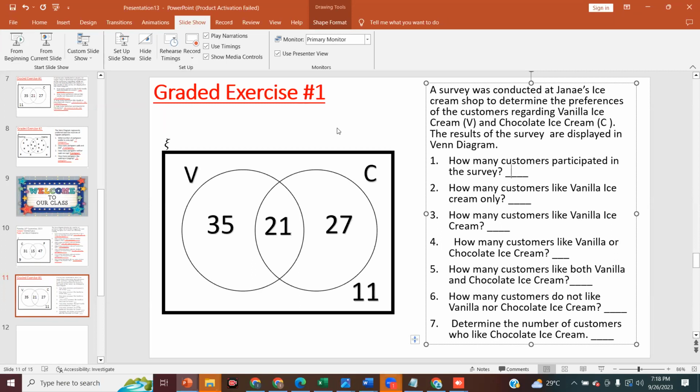For this one, they ask how many persons have participated in the survey. So the whole survey. So you're going to add what? By the way, please take a picture of your work and send it to me. Some of you are not sending in the work, and I will catch up with you. So don't think you're escaping. Make sure to send a picture of your work, especially Aaron, who doesn't like to send his work. 35 plus what? 21 plus what? 27 plus what? 11.